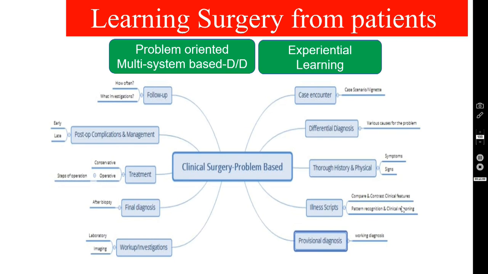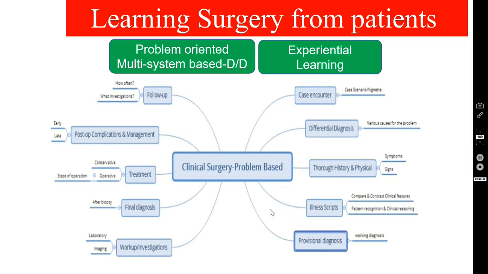This is the most important skill you have to acquire, clinical reasoning, or how to differentiate one illness from the other illness which is also presenting with the same problem. This is the most important thing. Then after doing all these things, you have to arrive at a provisional diagnosis or the working diagnosis.